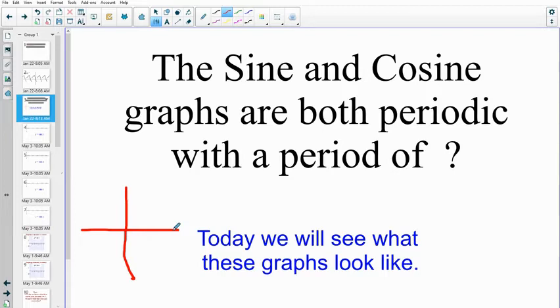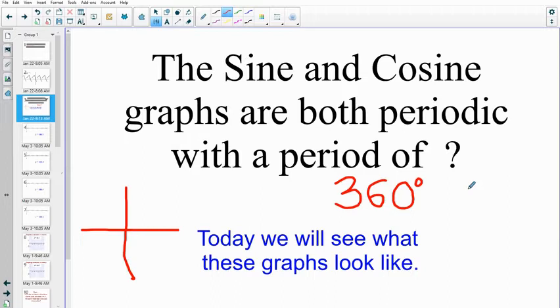And there's the important part. The fact that it repeats once I've gone around 360 degrees says that that will be the period of a sine or a cosine graph. We'll see both of them, but they both have the same period, a period of 360 degrees, because that's when it starts to repeat over again.